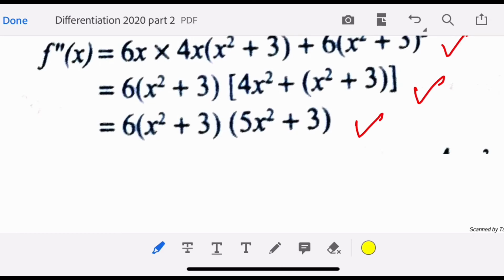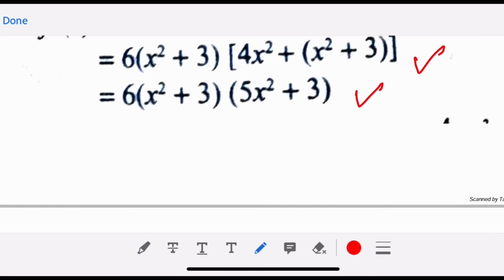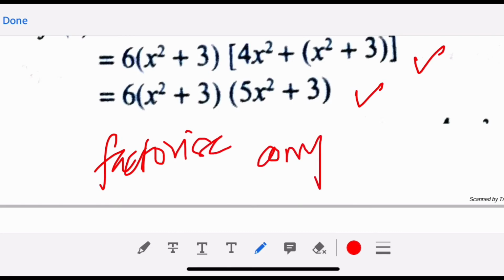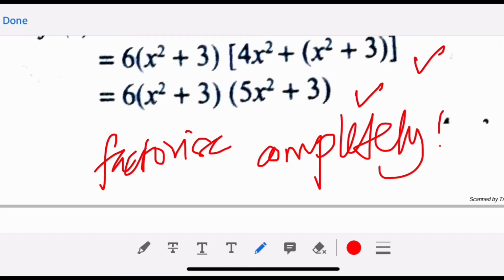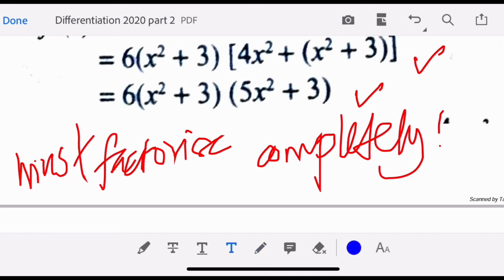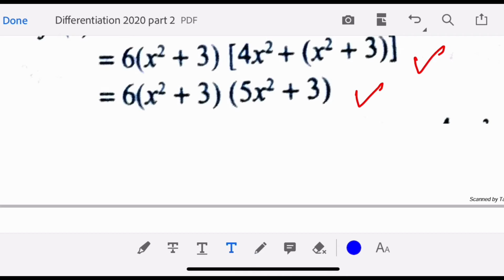We must factorize completely. Settled? So the second derivative, no problem.